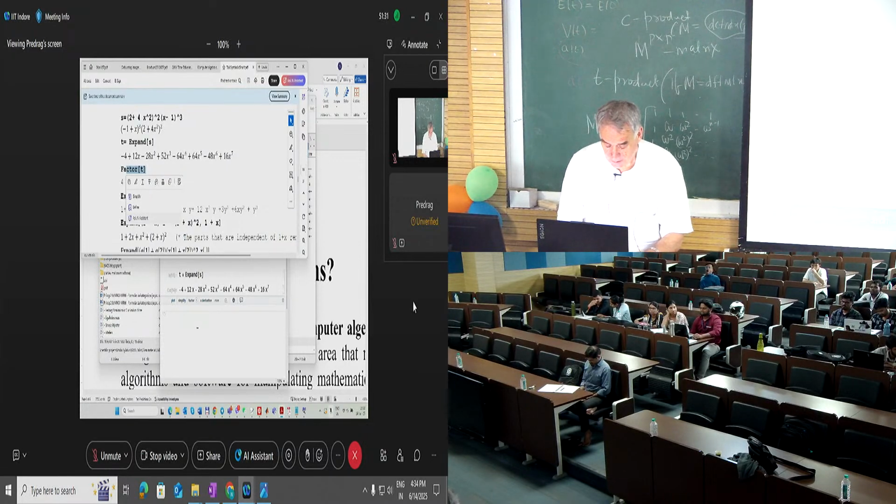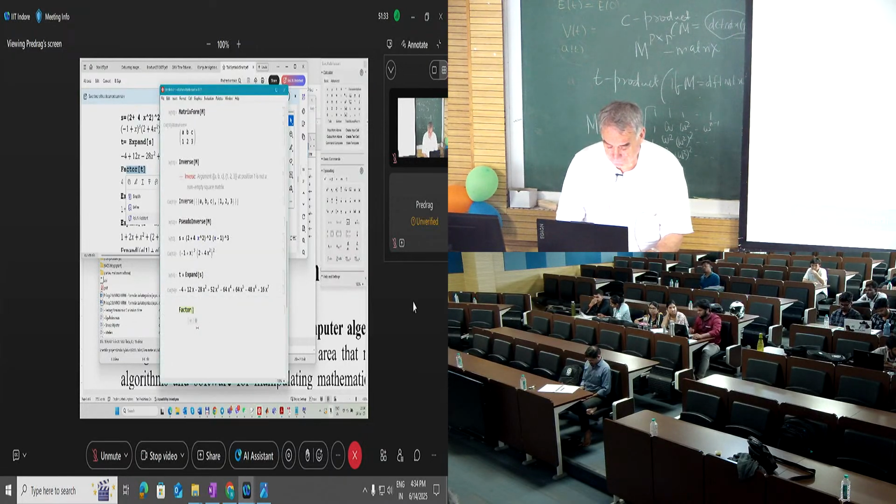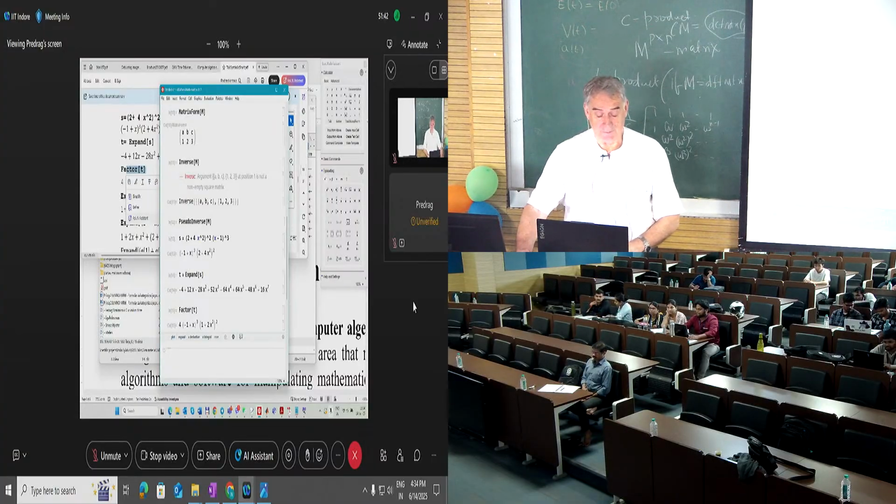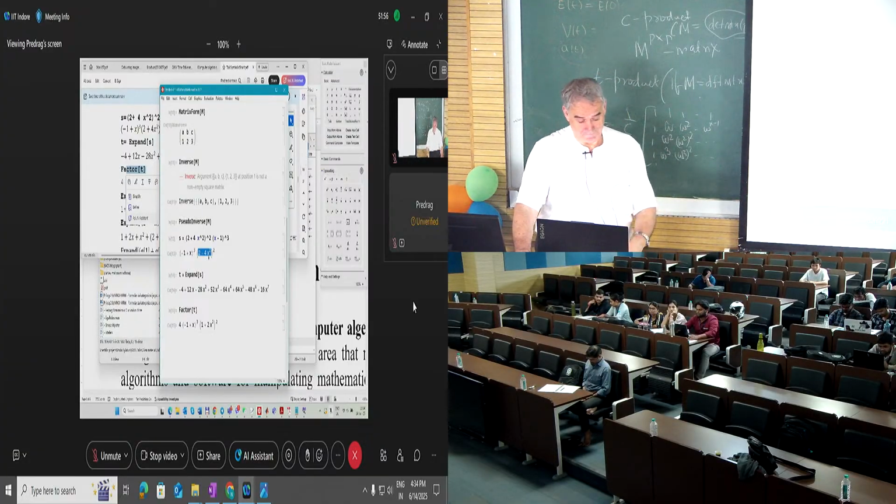Factor of t. Here we obtained even better than in the original S, a factor 2 in front, because from this second expression we can use factor 2.